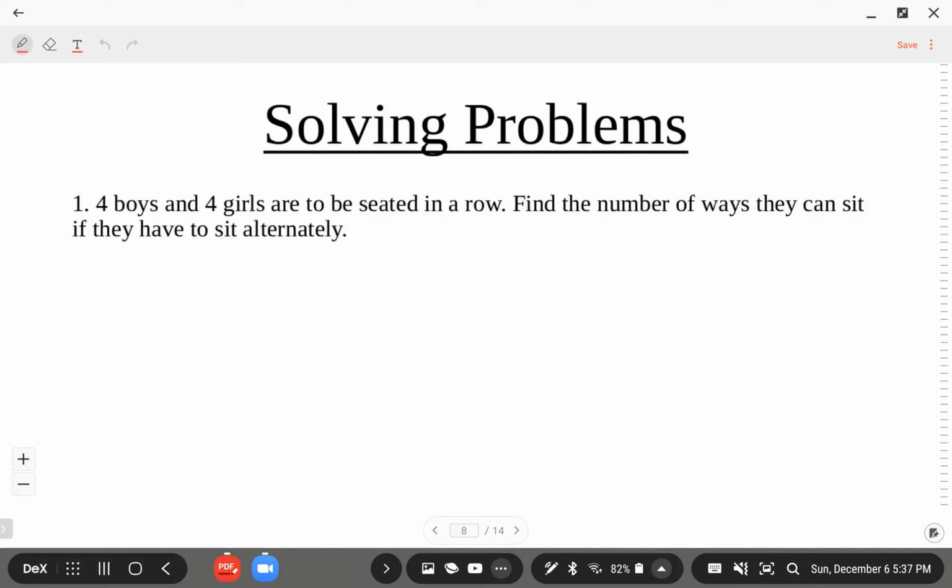So let's say boy, girl, boy, girl, boy, girl, boy, girl. There are 8 seats in total in this row, because there are 4 boys and 4 girls.